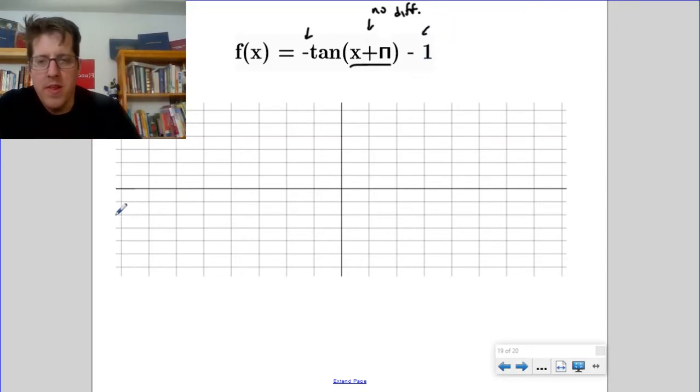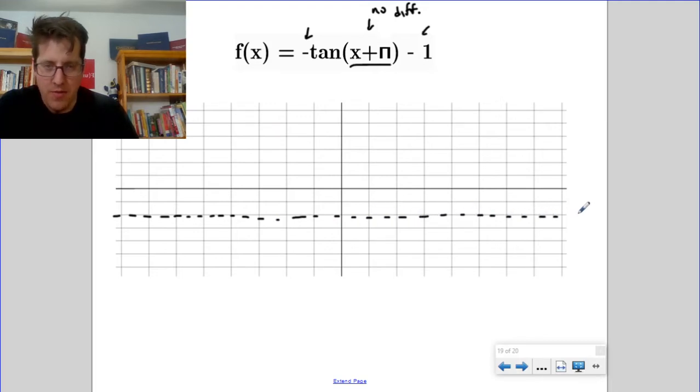Now, we don't normally think of this graph as having a midline, but we can visualize that. And instead of going negative 1, 0, 1, we can think of it as low, middle, high, like we did with the sine and the cosine if we want. So, normally the graph starts at negative pi over 2.